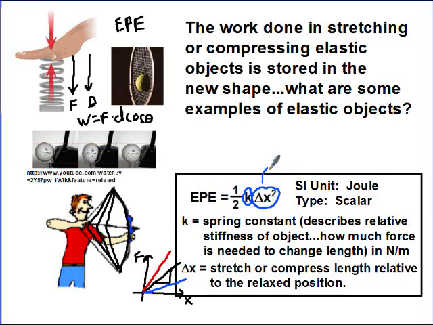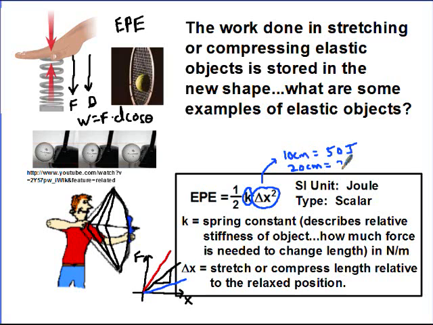Said another way, if I pull that bow back 10 centimeters, I might store, let's say, 50 joules of energy. If I pull it back another 10, so if I pull it back to 20 centimeters, I don't store 100 joules. What I would actually store then would be 4 times the energy.